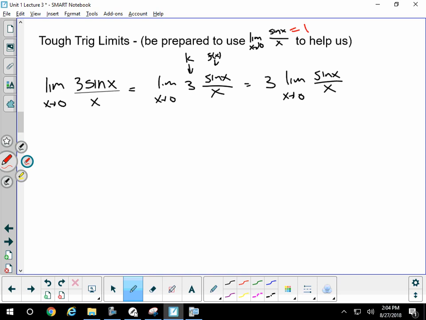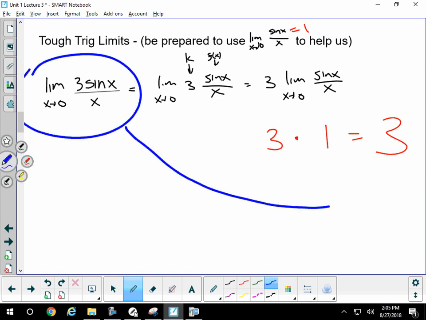It is a trig limit that I will know. And so I just have 3 times 1, and I get the answer 3. Now, this would be the proper way to get to the answer 3. However, in the future, you can just look at this and go straight here, understanding the properties and our special trig limit, sine x over x as x approaches 0.